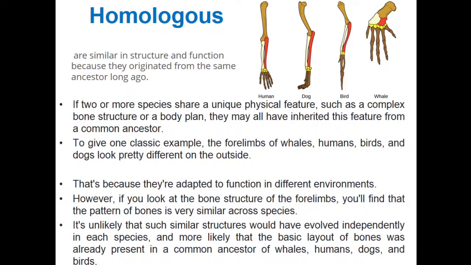To give one classic example, the forelimbs of the horse, human, birds and dogs are pretty different on the outside. In the picture you can note the same parts of human, dog, bird and whale, marked by color: red, brown, yellow, white and dark brown.